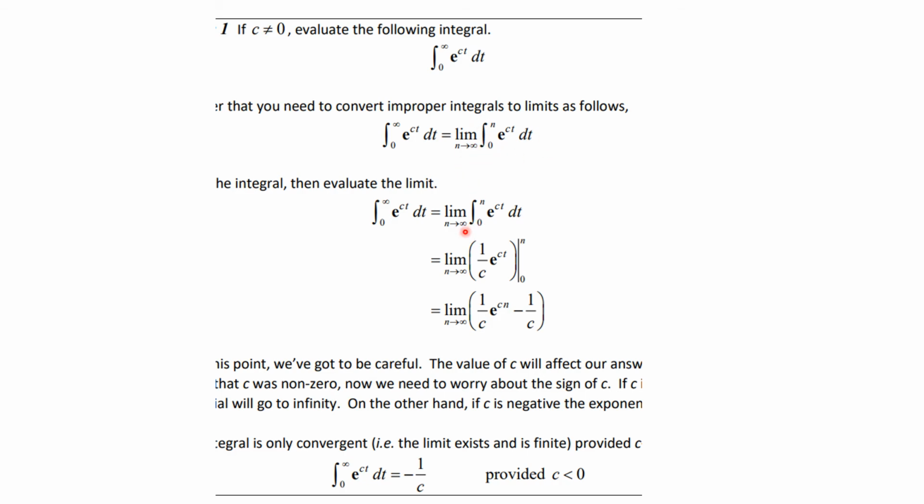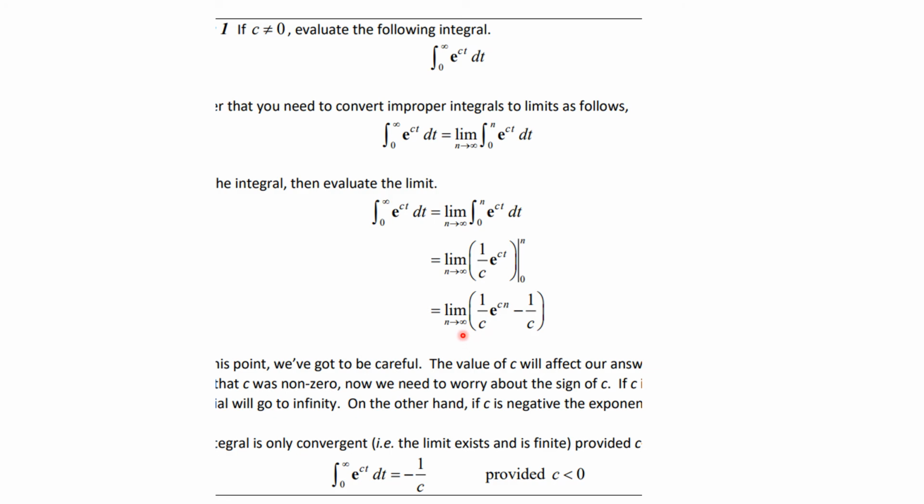So, leaving the limit there for a moment, we calculate this, and we will get that this antiderivative is going to be 1 over c e to the ct, and I'm going to evaluate it at n and 0. So when I substitute those numbers in, I will get 1 over c e to the cn minus, and when I put 0 in there, e to the 0 is going to be 1, so that is 1 over c. I take the limit of this as n goes to infinity.